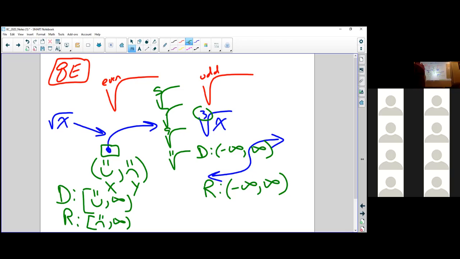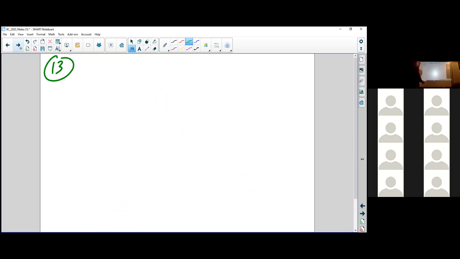So this is number 13. We have f of x equal to the third root of x, and then we have g of x equals square root of x. So those are the two parent functions.